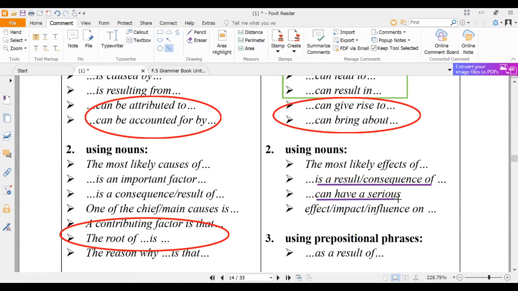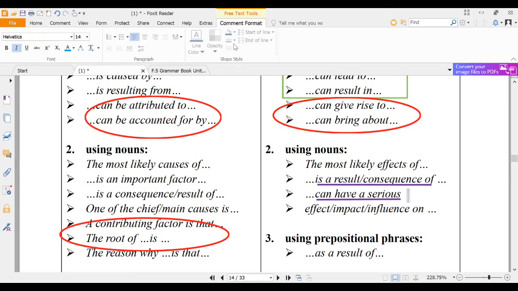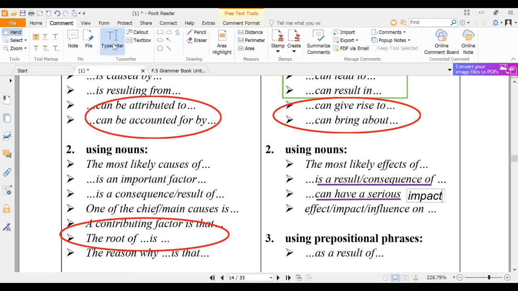Can have a serious impact. There is one word missing here, so I should add it back. Impact, can have a serious impact, 一個好嚴重嘅壞嘅影響. I told you before, this word impact means a negative influence.